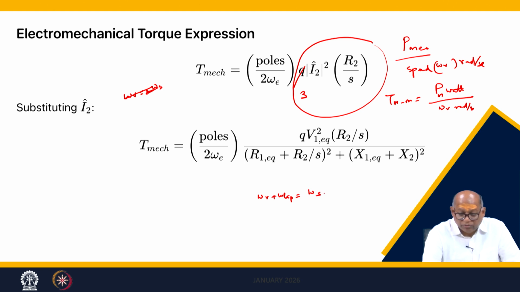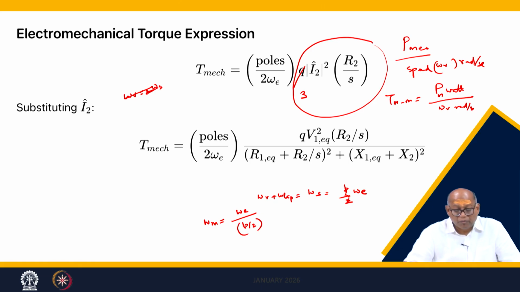Mechanical speed, which is equal to pole pair by 2 into electrical speed. As I said last time, mechanical speed Wm is equal to the electrical speed by P by 2.